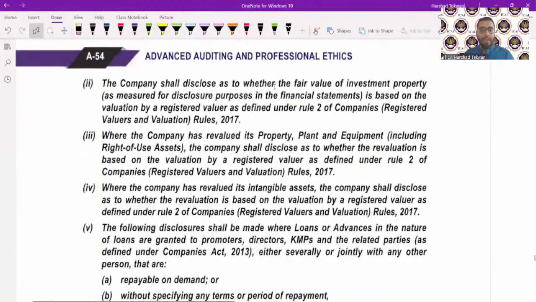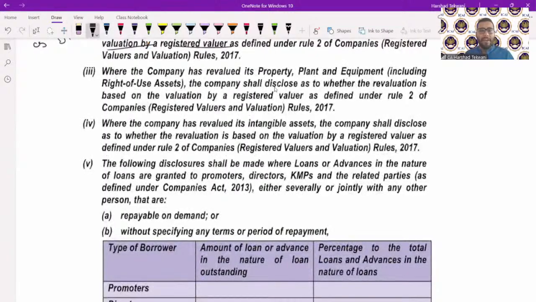Okay. Then the company shall disclose whether the fair value of investment property is based on the valuation by a registered valuer. Again, same as Division 1. We also discussed in Division 1, remember, where the company has revalued its property, plant and equipment, the company shall disclose whether the valuation is based on a registered valuer.